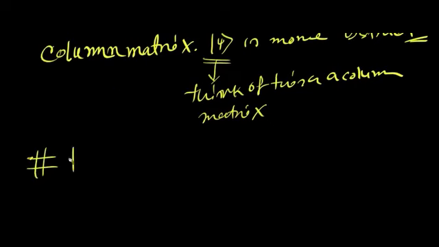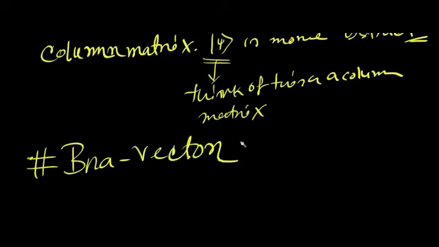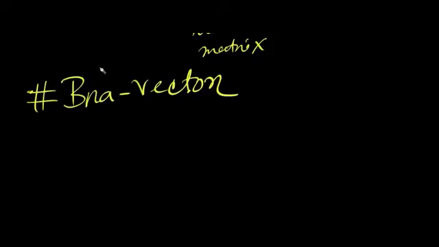Next thing we want to introduce is called a bra vector. We could have row vectors as well as column vectors in our matrix algebra, right?